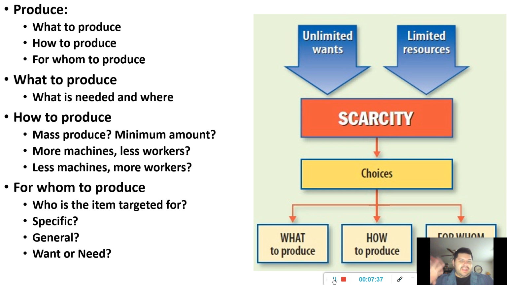How to produce it? How are you going to make this thing? Are you going to make a bunch of them, just keep making them, or are you going to go with limited amounts? A great example would be my little pop figure things, right? Usually they make a ton of them. But sometimes they make little limited edition ones that do things, right?